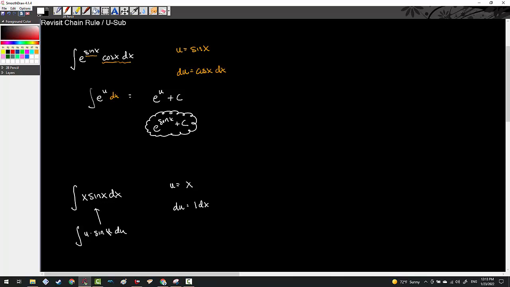There's not a whole lot that moved. I didn't make the problem any better. I didn't make it worse, but I certainly didn't make it better, so I don't think that's the direction we want to go. So when we see this multiplication relationship between the terms and they don't seem to have a relationship with each other, there's a pretty good indication that we're going to be using integration by parts on this one.